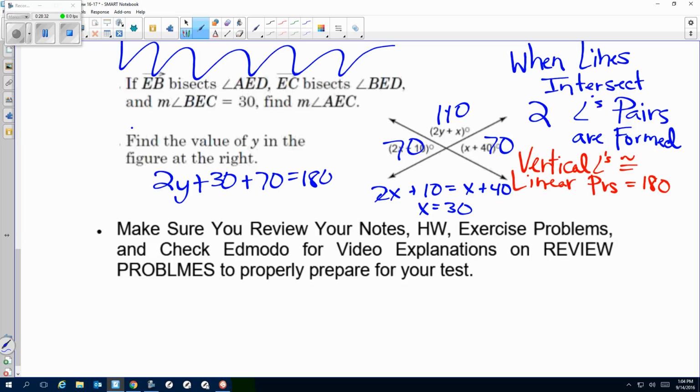So I can say 2y plus 30 equals 110 and solve for y. Either way, you'll get the same answer. What is y? Y is 40. Yes.